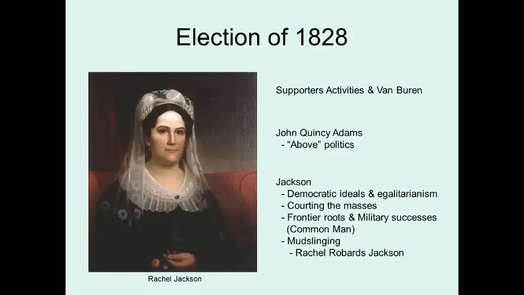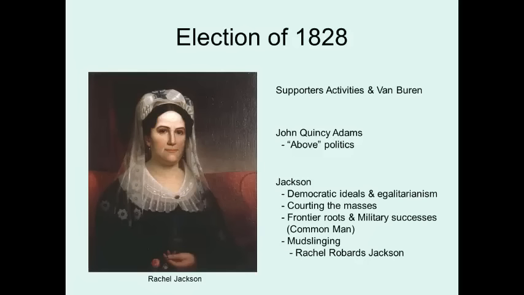And so Jackson is really going to begin courting the masses. He is going to be intentionally courting that common man, reaching out to him. So Jackson's going to do things like organize rallies, and of course let the beer taps flow when people showed up. He's going to be sponsoring barbecues to get voters to come and vote for him.